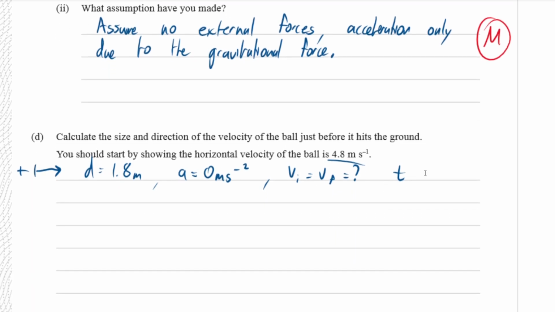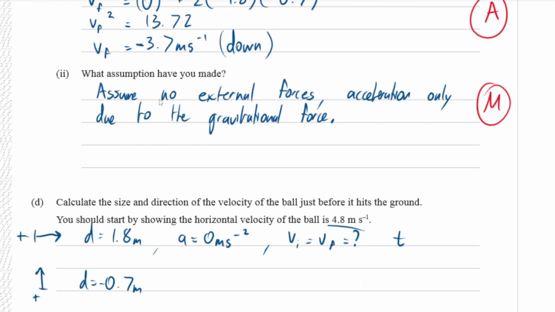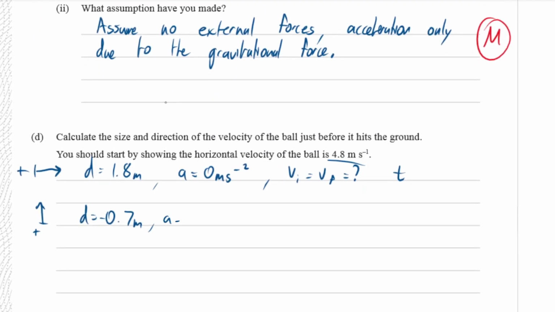So let's do that. So in the vertical direction, up being positive, we know distance, what was it, negative 0.7 meters, I believe. Yep. We know acceleration as negative 9.8 meters per second squared.